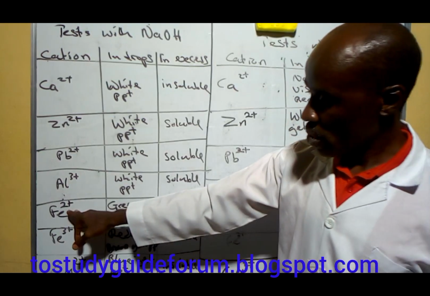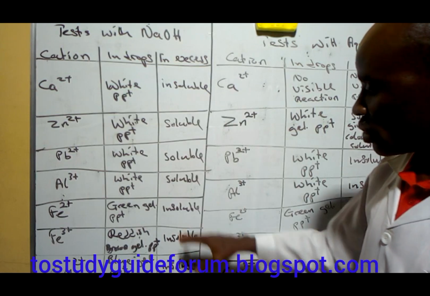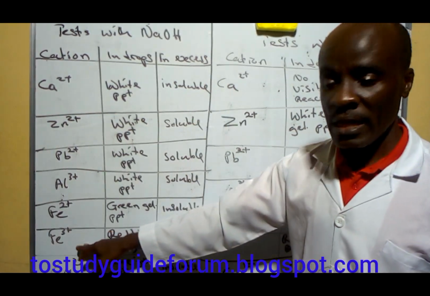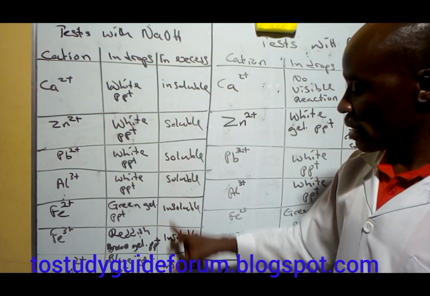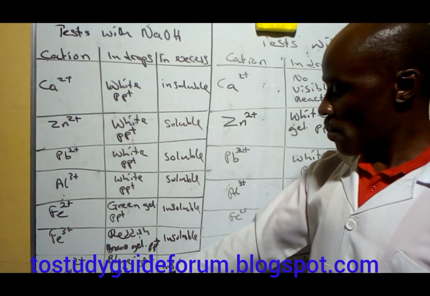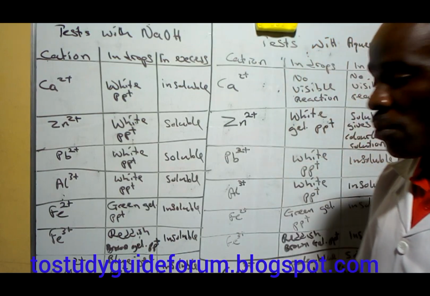Now iron 2 gives you green gelatinous precipitate which is insoluble in excess sodium hydroxide. Iron 3 gives you reddish brown gelatinous precipitate, insoluble in excess. Now we come down to copper. Copper will give you blue gelatinous precipitate which is insoluble in excess.